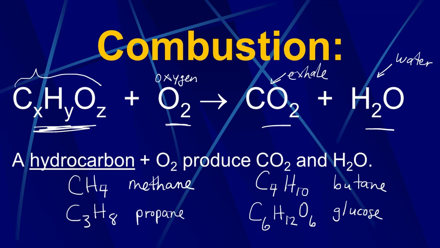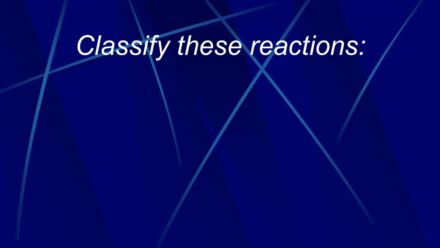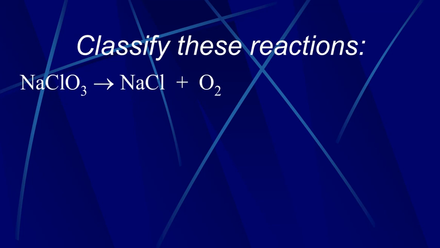Well, let's do some practice here and try to classify these reactions. So here's the first one. And if you look at that, what you want to identify is the fact that there's one reactant. And so if there's one reactant, and it looks like it's breaking down into two or more products, we call this decomposition.